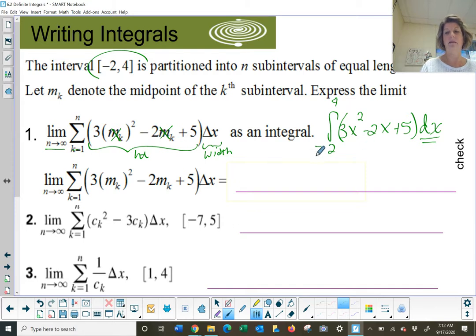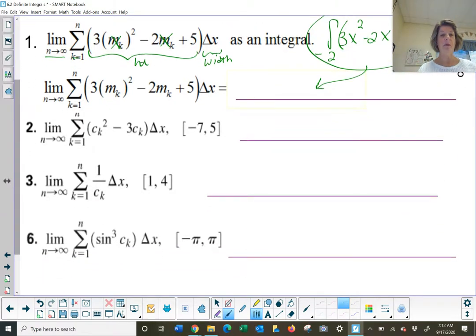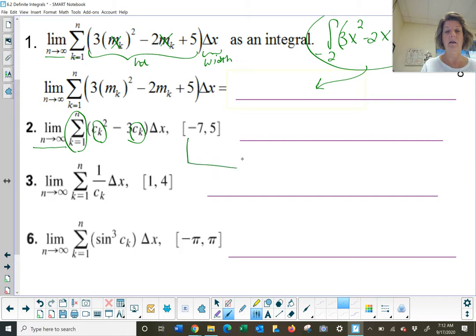The next one, oh, I guess they wanted me to put, it's not a different problem, is it? They want me to put that right there. Number 2, same idea. n is going to infinity. I've got a summation going on from k equals 1 up to infinity. I have some c sub k selected in my stretch between x sub 1 and x sub 2.